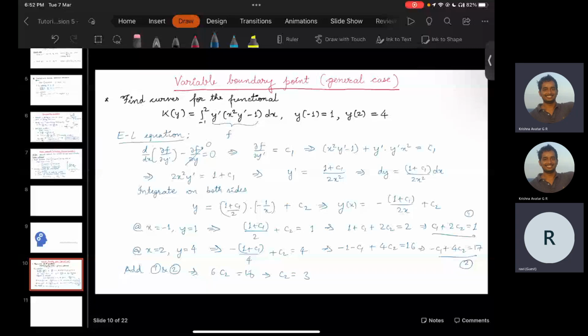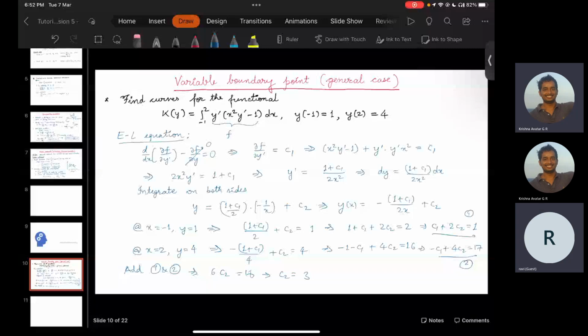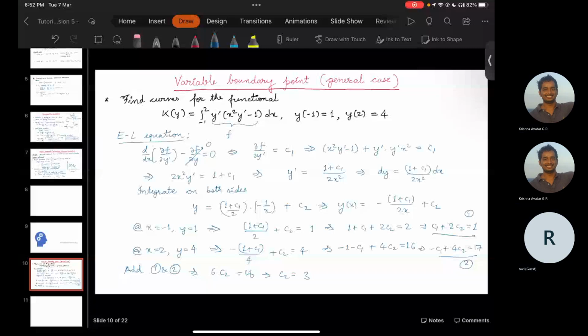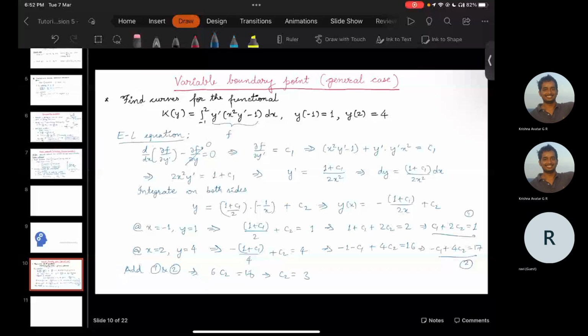Sir, the question is not visible from our side yet. The second question, sir, cannot be visible because there is some transmission delay. The page I'm saying is the variable boundary point general case page. Okay, let me just reshare it.